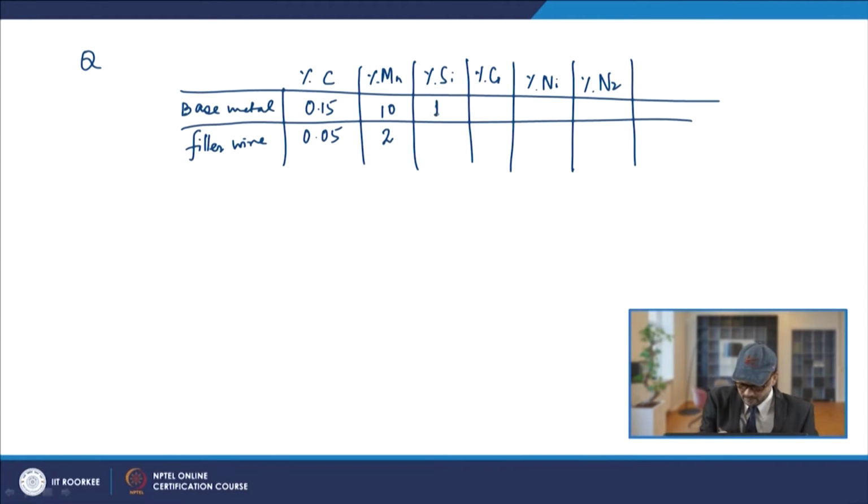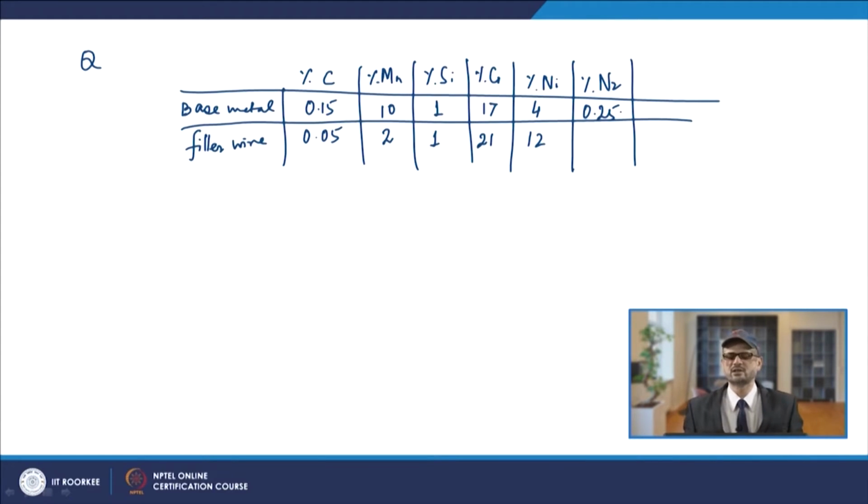You have 1% silicon in both cases, chromium is 17% for the base metal and 21% for the filler wire, nickel is 4% for the base metal and 12% for the filler wire, and nitrogen is 0.25% in the base metal. What you have to do is find the maximum and minimum amount of the ferrite phase which is possible in the weld metal.